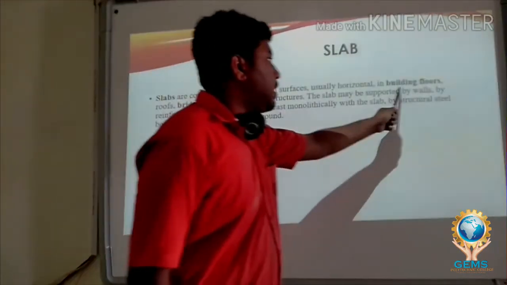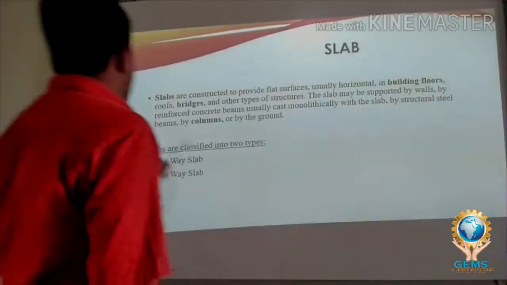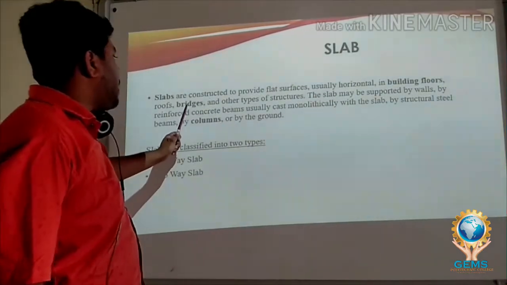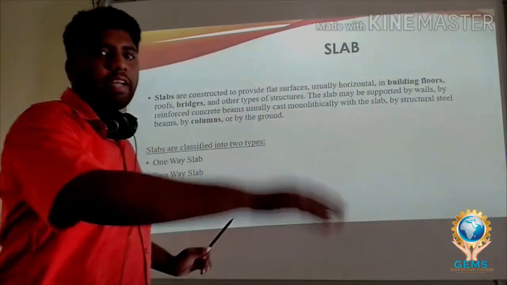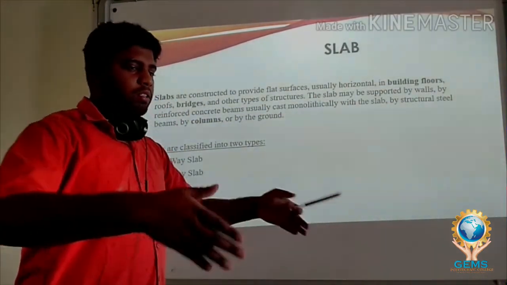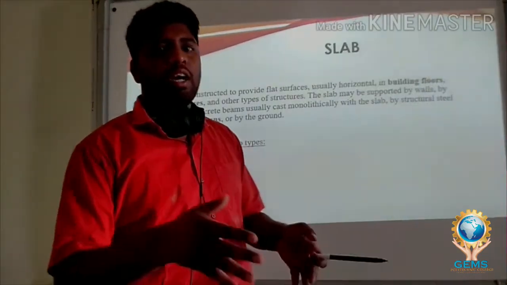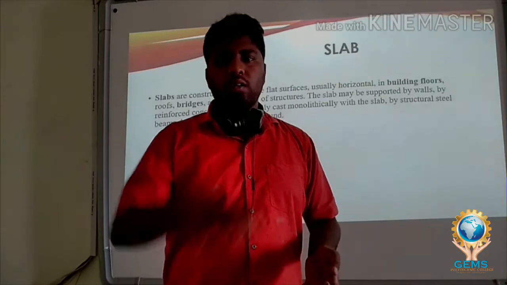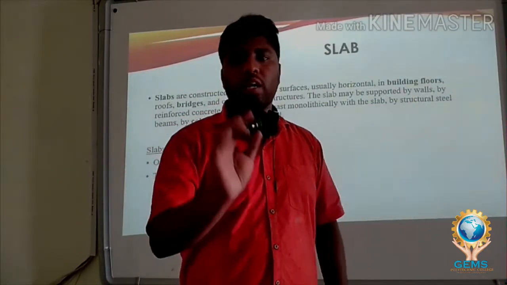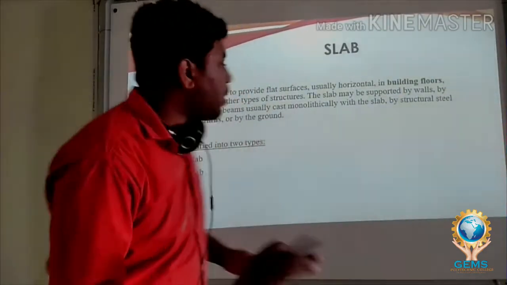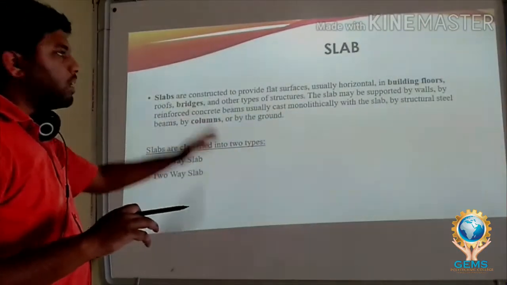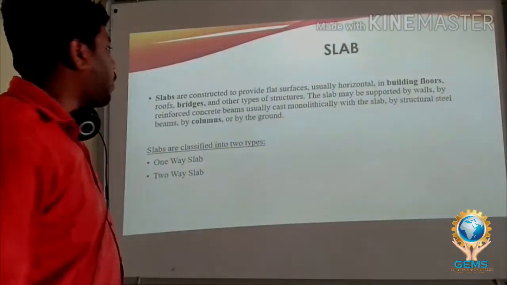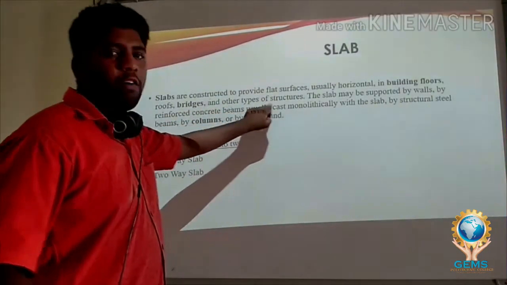In building floors, in building roofs, that is the top of the structure, and in bridges. Bridge decks are the surface that helps to place a road or a surface to walk on. Those decks are called slabs, and the road is constructed over them. Slabs are also used in other types of structures.